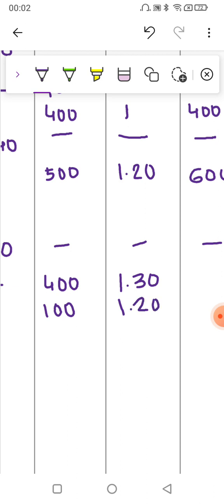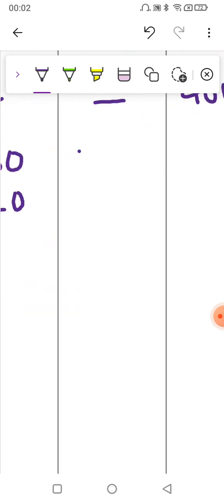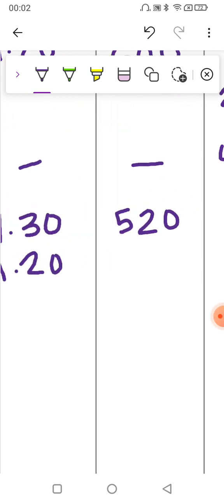We multiply both of them: 400 into 1.30, we get 520. We're going to write it here. And 1.20 into 100, we get 120, which we are going to record over here.